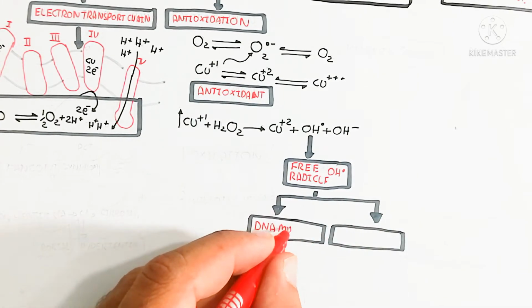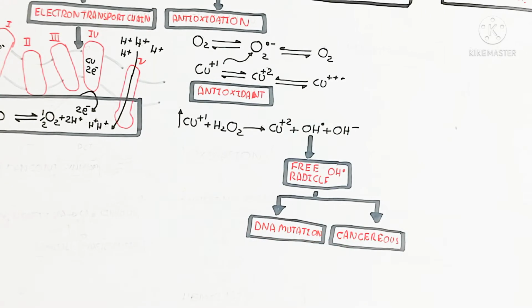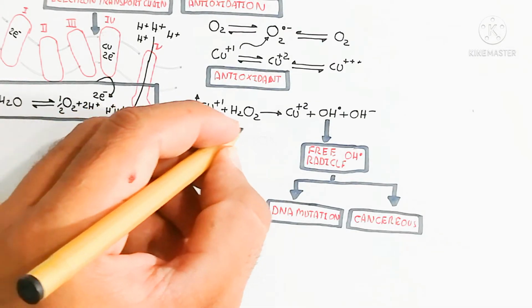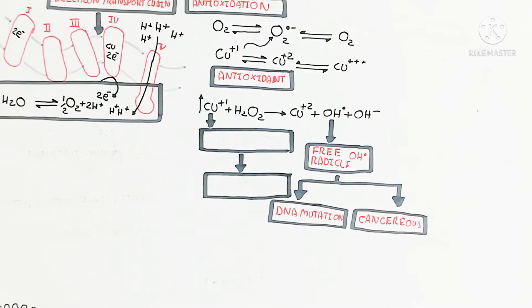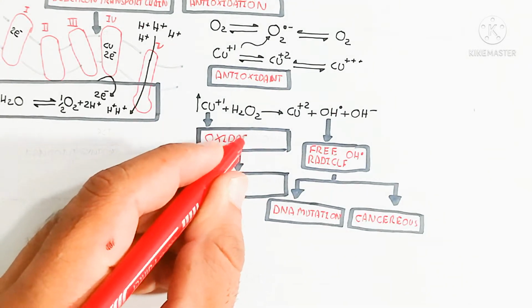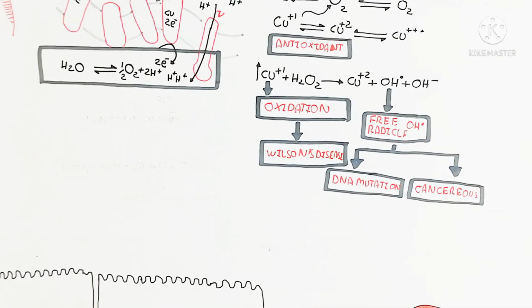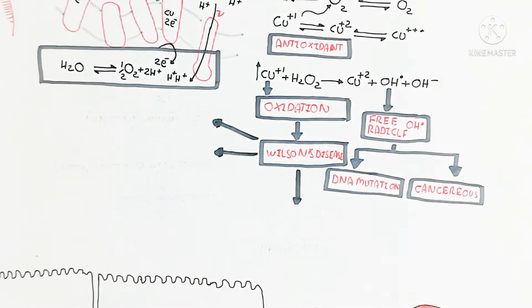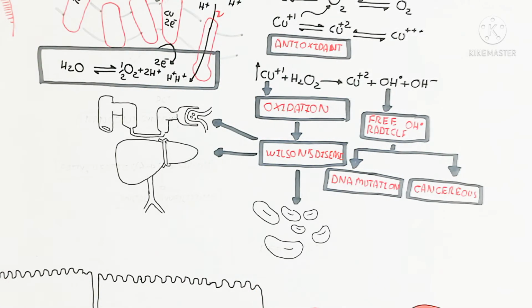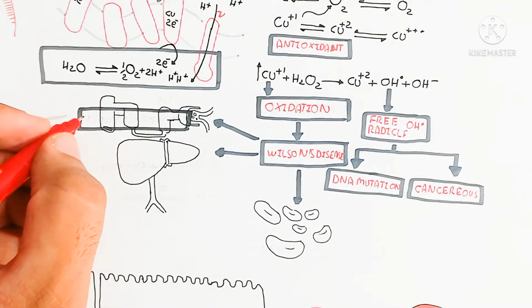So if we talk about high copper, it means hydrogen peroxide, H2O2, will dissociate to produce a free radical, because of the donation of the electron from the copper and oxidation, leading to Wilson disease. On the other hand, the excess copper will create the hydroxyl free radical, causing DNA damage and a cancerous process.